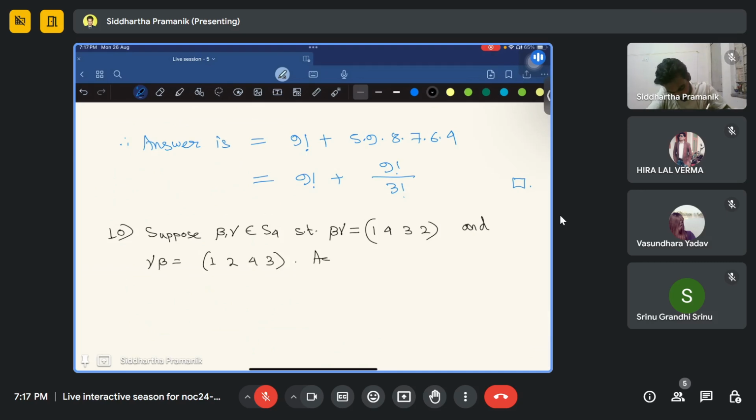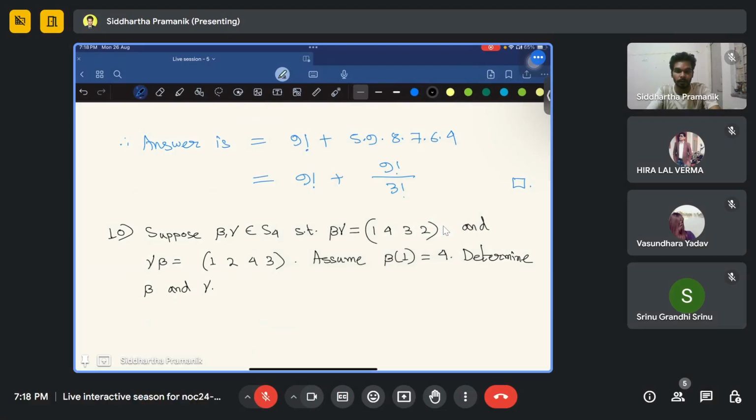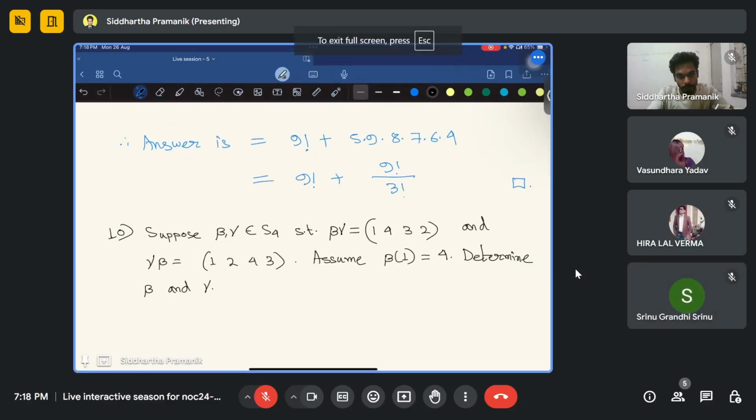Now assume beta and gamma are elements of S4 and they are bijections, right? That means they are functions. Under beta, 1 goes to 4. So the problem is to determine beta and gamma. I hope you have understood this.